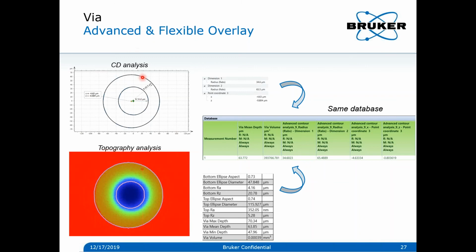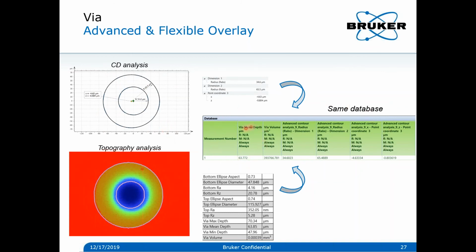And this toolkit is very flexible, so if it starts to be a square or a pill shape or some kind of a quarter of circle, we can tailor the recipe and extract information in one single measurement.